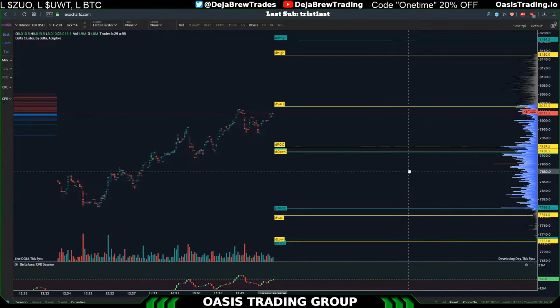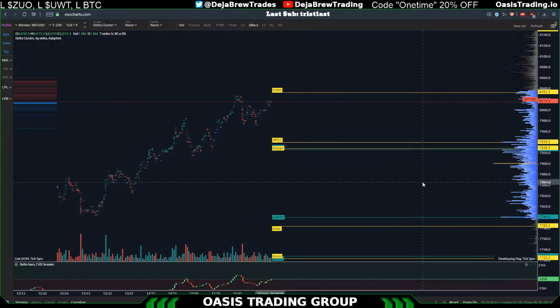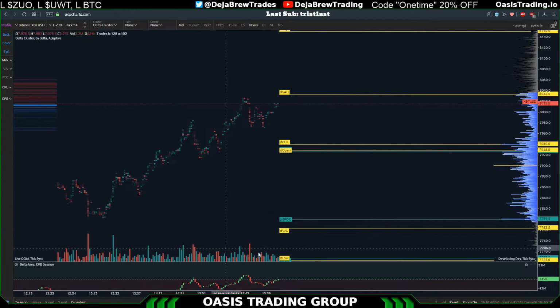One good example of those techniques is if you are in a low volume scenario. So like if we're seeing a distribution or just an accumulation or a sideways trend, if you're seeing a low volume scenario, the daily value area high and the daily value area low and the POC are basically where your range is.